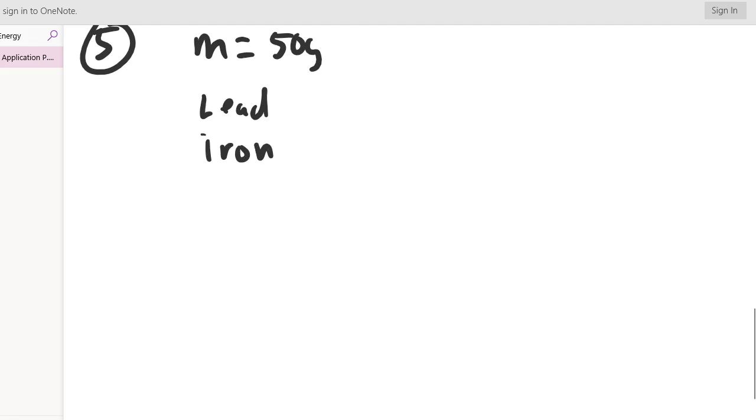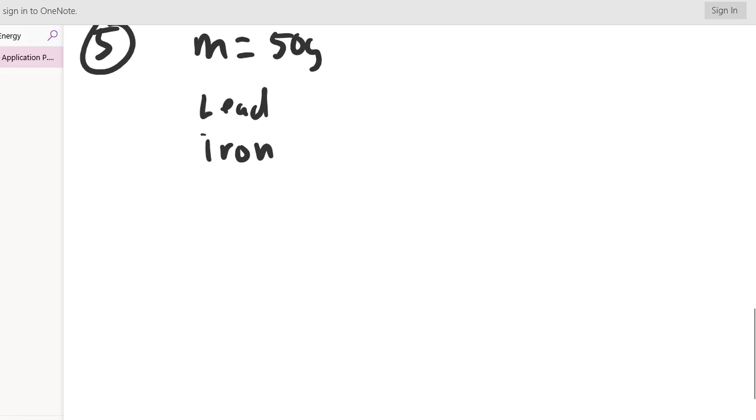And they're going to heat both of these to a temperature of 100 degrees. Then they take both of them and put them in two separate identical calorimeters that each have 100 grams of water in it, and the starting temperature is 20 degrees Celsius. Which calorimeter will have the higher temperature at thermal equilibrium?